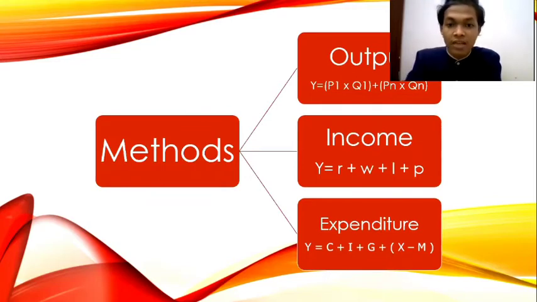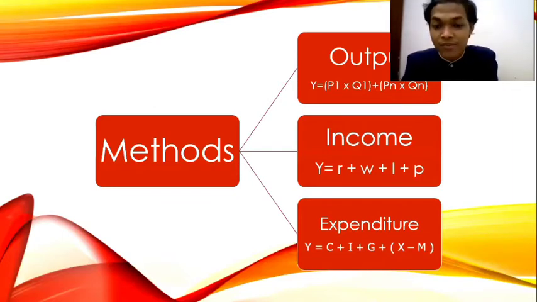Firstly, the method that we have to use is the output method. The formula for the output method is Y equals P1 times Q1 in brackets plus Pn times Qn in brackets. Understand? Okay, that's nice.